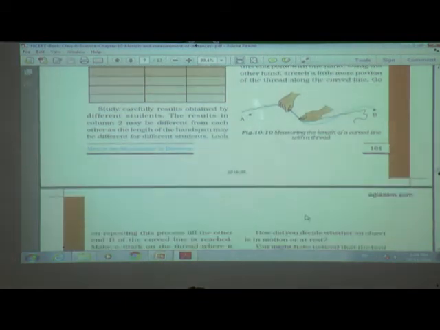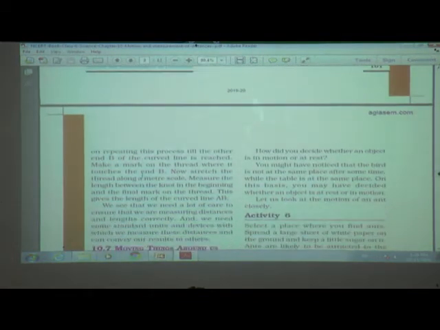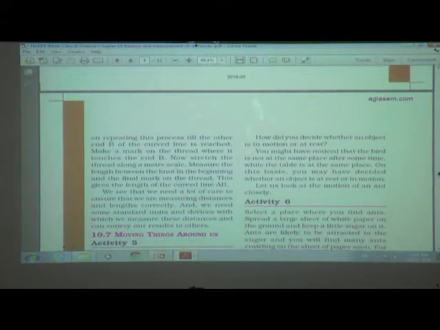Repeat this process till the other end B of the curved line is reached, and make a mark on the thread where it touches the end B. Now stretch the thread along a meter scale. Measure the length between the knot in the beginning and the final mark on the thread. This gives the length of the curved line AB. So in this way you can measure the curved line distance with the help of a string.